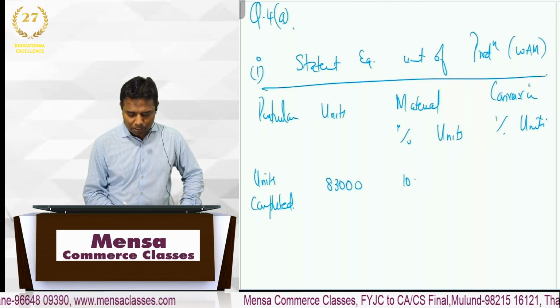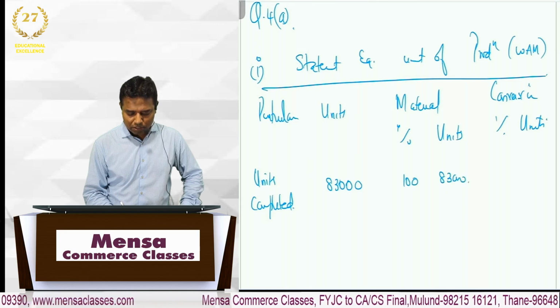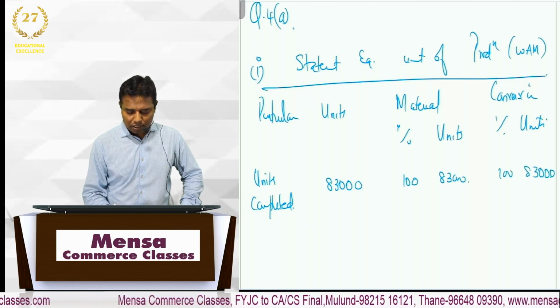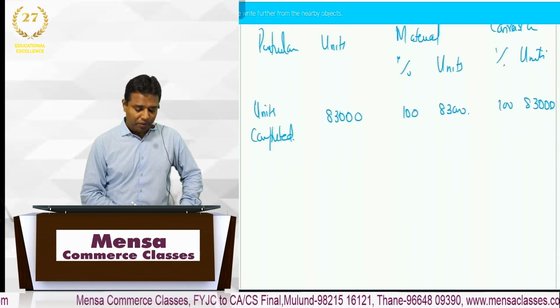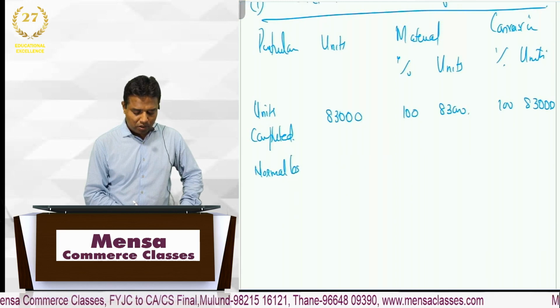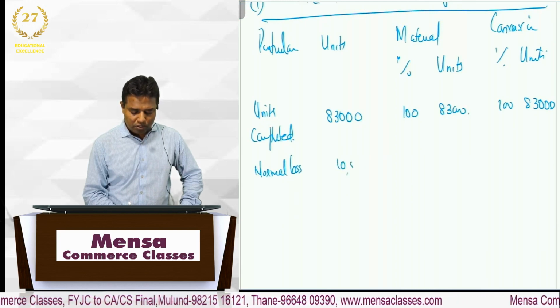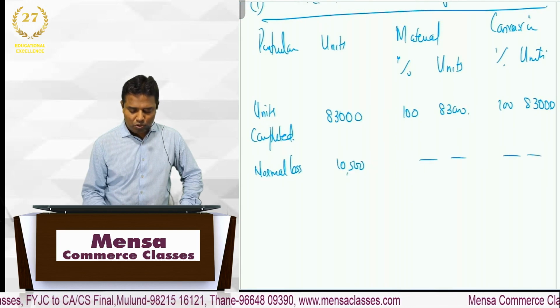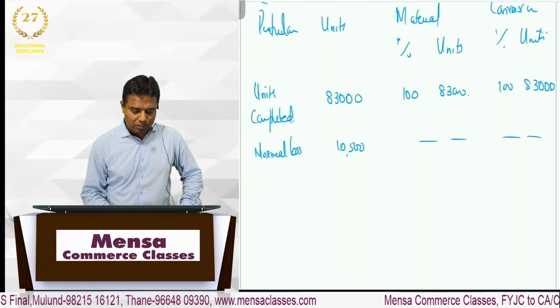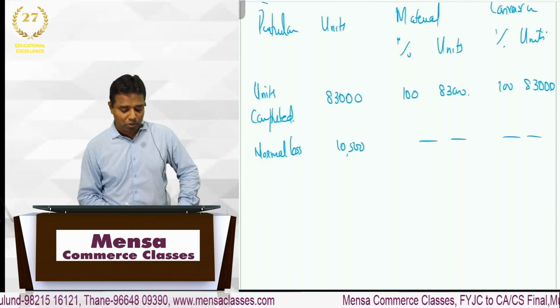So 100% material used, 100% means 83,000. Here also 100%, 83,000, right? Then normal loss. Normal loss was 10,500. So that will not be considered, as we all know. That cost is to be absorbed by the good units.